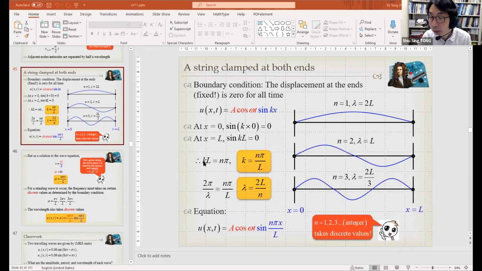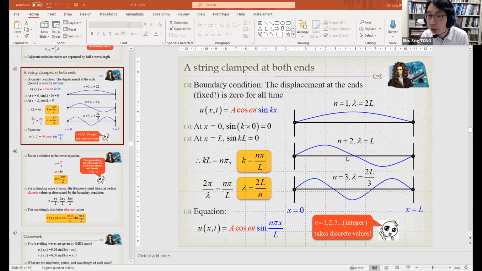I require KL equal to n pi, or k equal to n pi over L, where n is a non-zero integer. So the wavelength lambda will then be 2 pi divided by k, and so that is 2L over n. And so these are the wave patterns that exist on the string, depending on n.